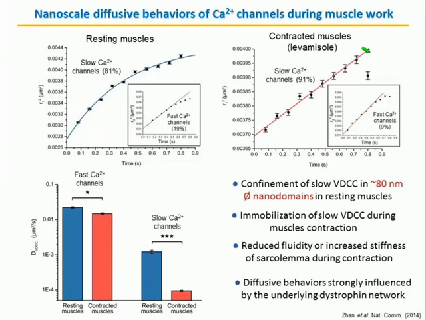And when you now compare this diffusion between resting muscles and contracted muscles, we actually observe a very dramatic decrease in the diffusion properties of the slow population, where the channel seems to be pinned down or immobilized by the muscle contraction.